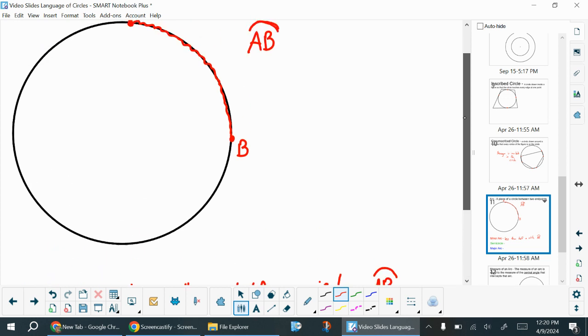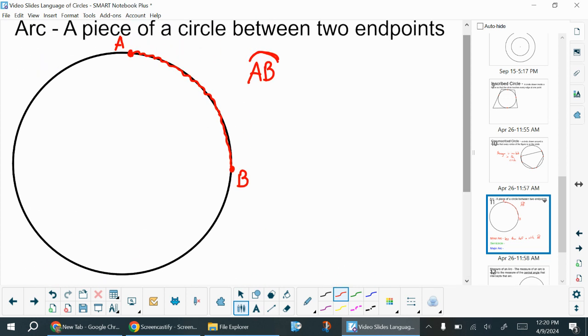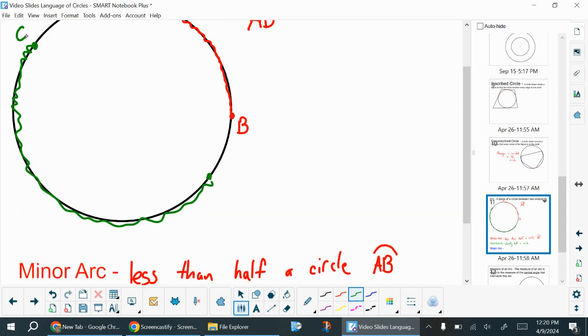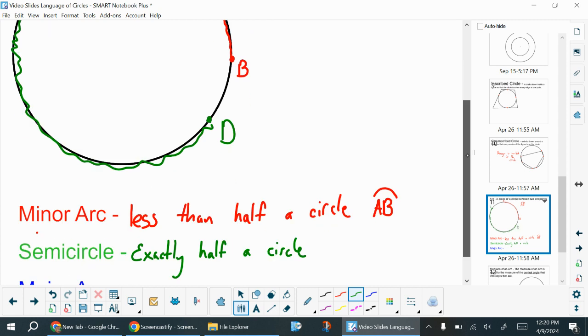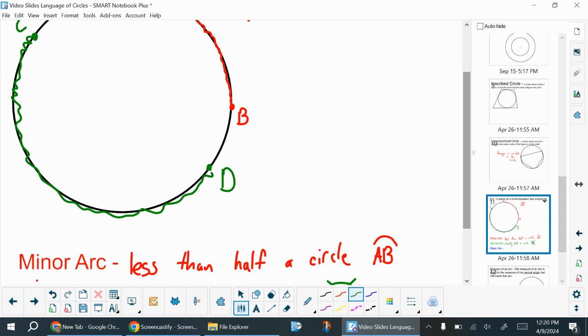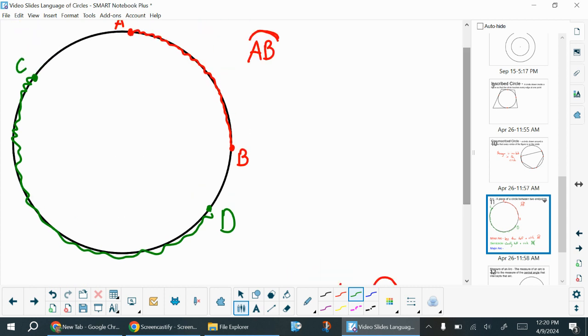A semicircle, you've probably used that word before and never really thought of it as an arc, but a semicircle is exactly half a circle. So if I start there and go all the way around to the exact opposite point, that is a semicircle. Now with this one, if I call this CD, I can't just say arc CD, because if I say C and D are the endpoints, I don't really know which way around the circle.